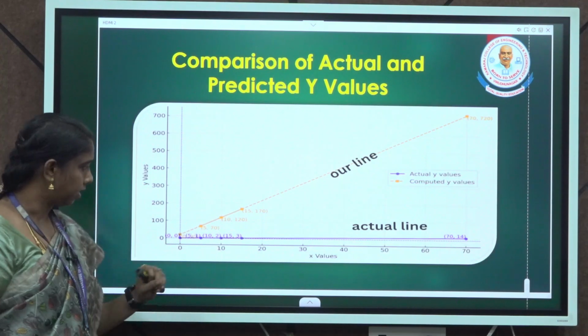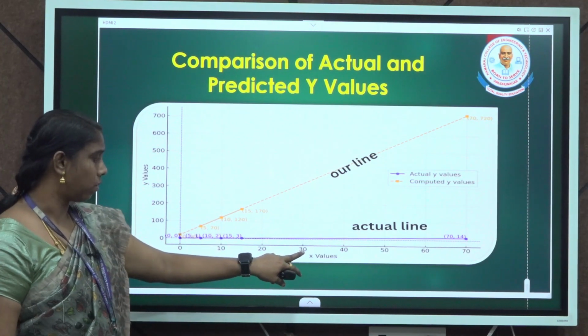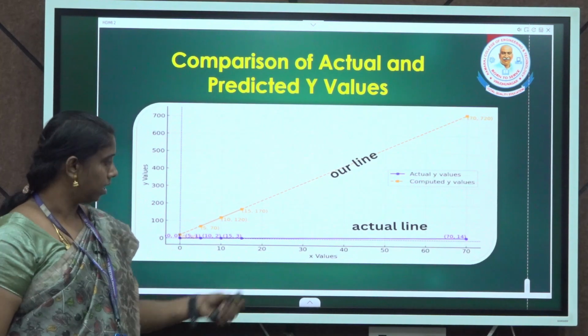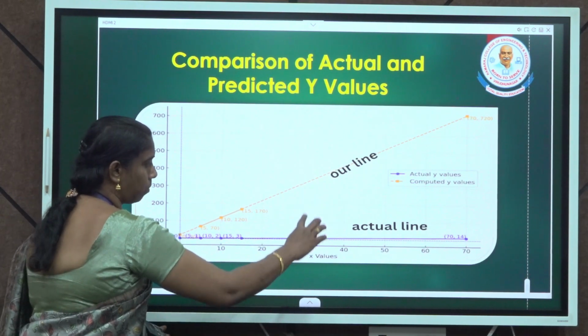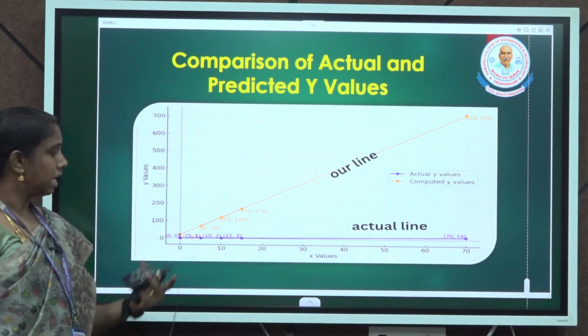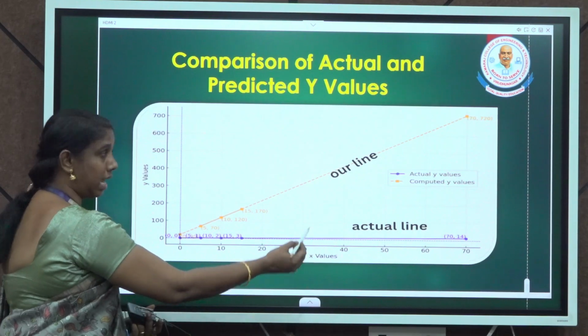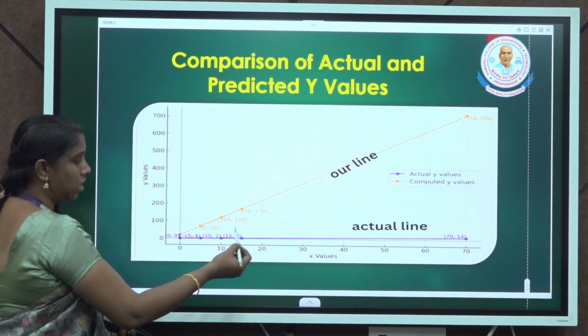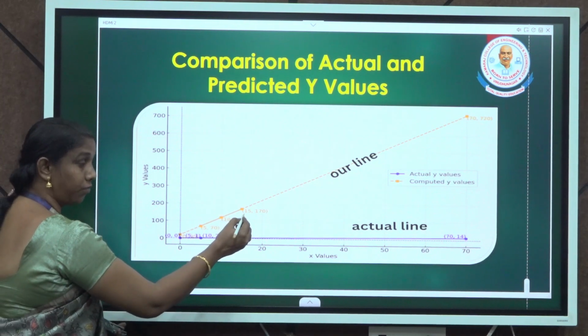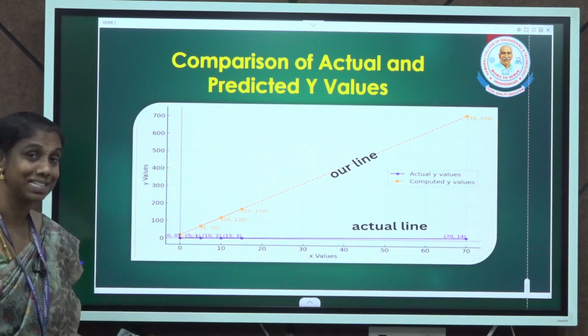Now consider an amount of 30 rupees. How many chocolates can I buy? This is the actual input and this is the predicted output. We get 5 comma 70, 10 comma 120, 15 comma 170. Now I am going to test the values.